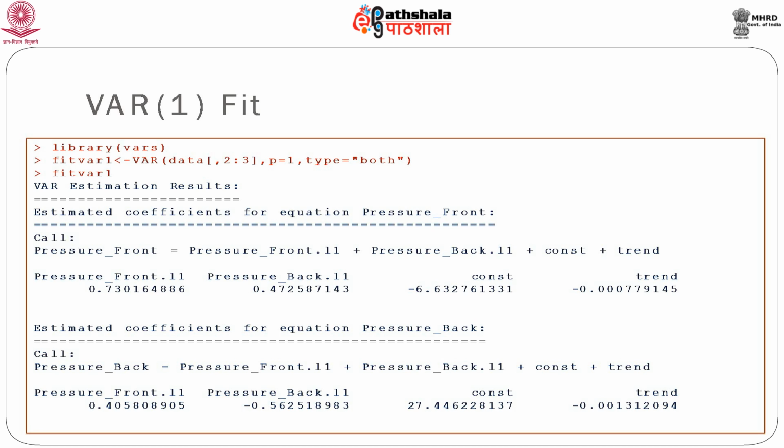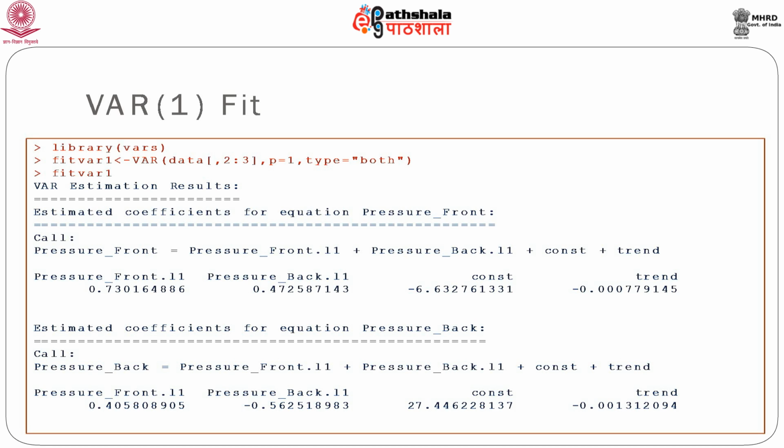If you just type fit_VAR1, it will give you the estimates of coefficients corresponding to both variables. The first one corresponds to the pressure front, and the second one corresponds to the pressure back.